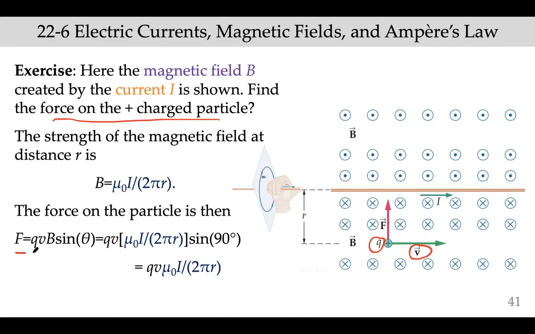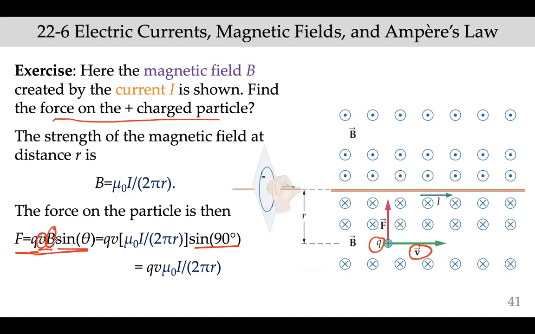So the formula for the force on a charged particle is the charge of the particle, velocity of the particle, and the magnetic field, times sine theta, where theta is the angle between v, the velocity, and B. So in this case, B is into the screen, v is to the right, so it's 90 degrees.